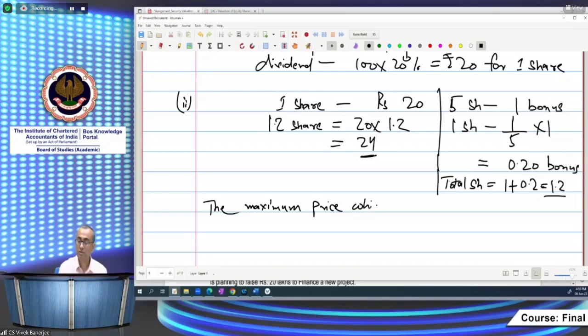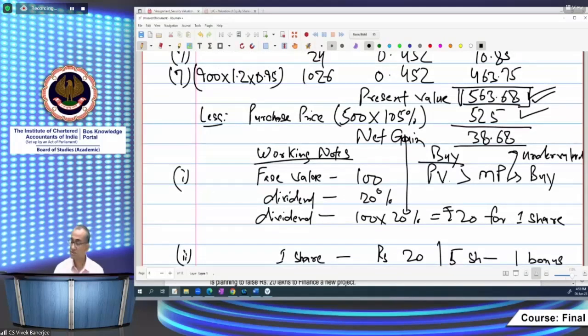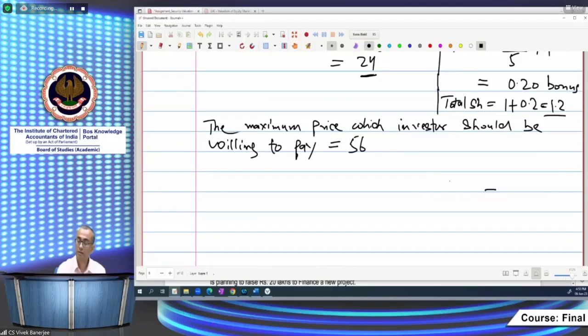Which investor should be willing to pay is equal to 563.68, जो कि हमने प्रेजेंट वैल्यू निकाला, 563.68 इंटू 100 बाय 105, इंसिडेंटल एक्सपेंस को माइनस करके.